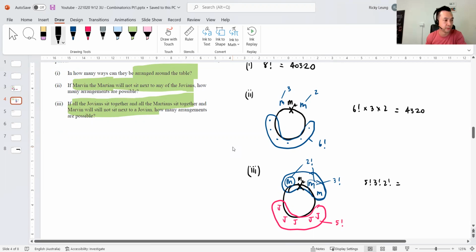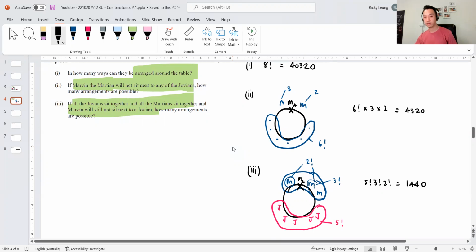So type that in your calculator, 1440. Hopefully that's okay. You know what? Let me just quickly check that as well on my calculator, just to make sure I am not making things up. 5 factorial times 3 factorial times 2 factorial.